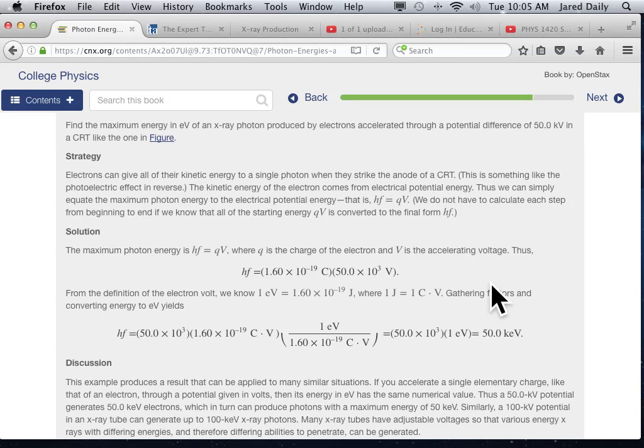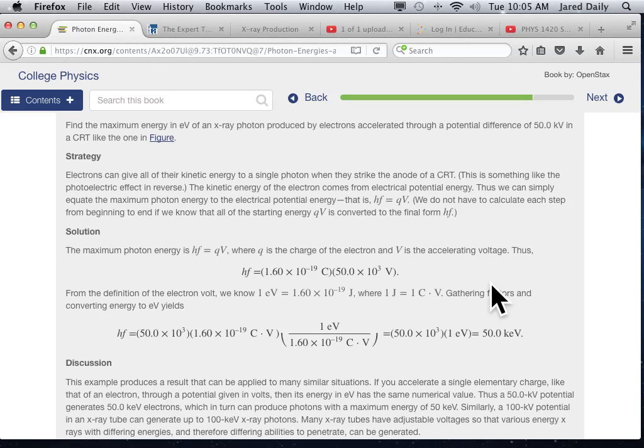So we get 50 times 10 to the 3 volts times the conversion to electron volts, and then we're actually going to use H in a different form instead of 6.6 times 10 to the minus 34.